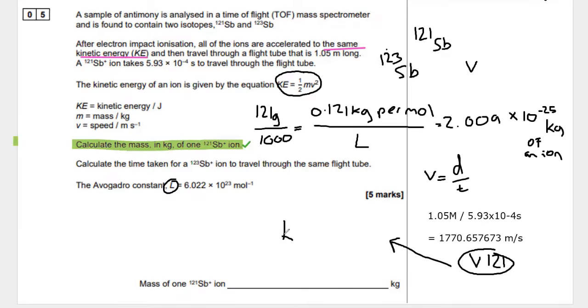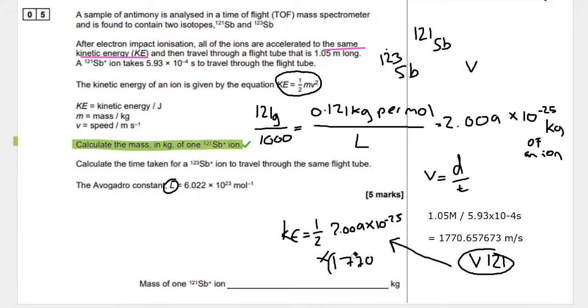So KE is equal to half the mass times the velocity squared. So half times 2.009 times 10 to the minus 25, multiplied by our brackets, velocity squared.